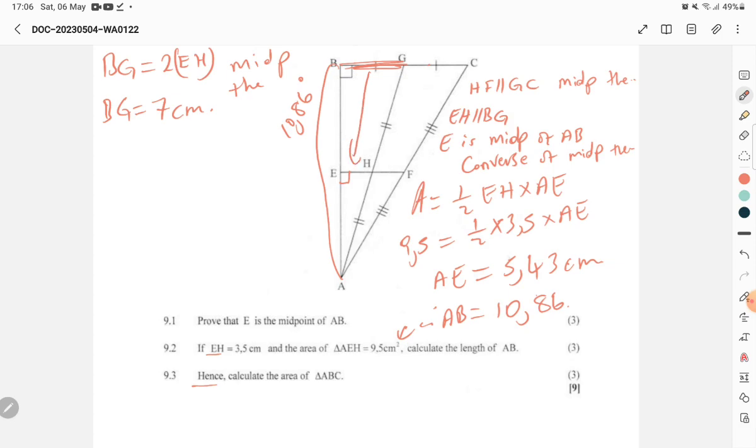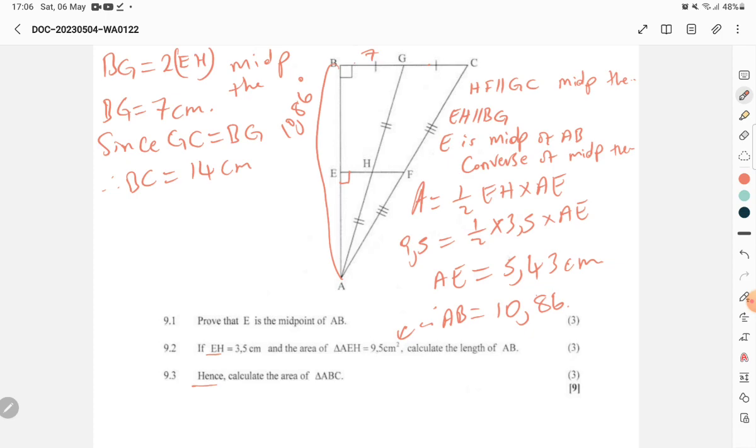Since it's doubling this one, it's 7. Since OGC equals BG, therefore BC is now going to be 14 centimeters, because this 7 plus this 7 gives us 14 centimeters.